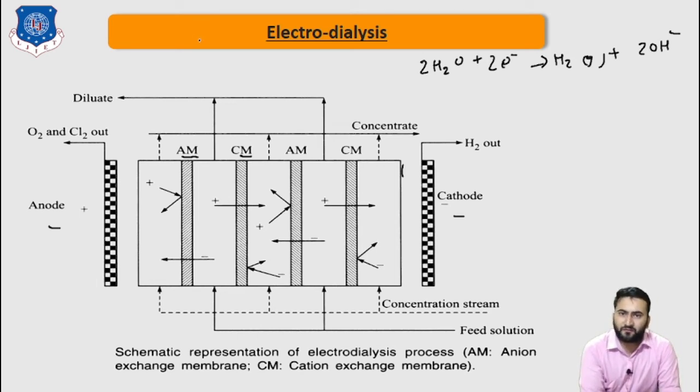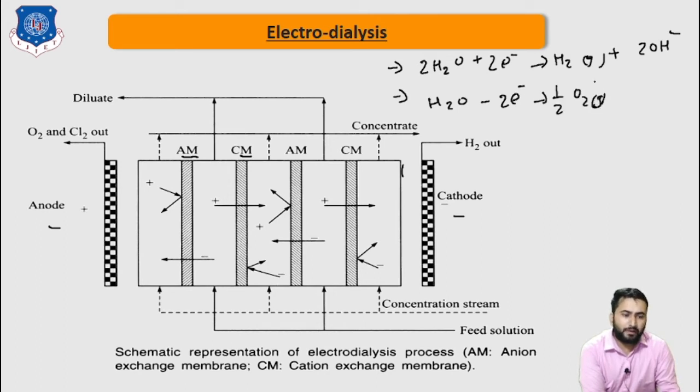The OH minus formed must be neutralized in the cathode compartment. The cathode can be made of titanium. At the anode, the reaction is H2O minus 2 electrons gives 1/2 O2 in gas form, right. So both of these are in gas form.